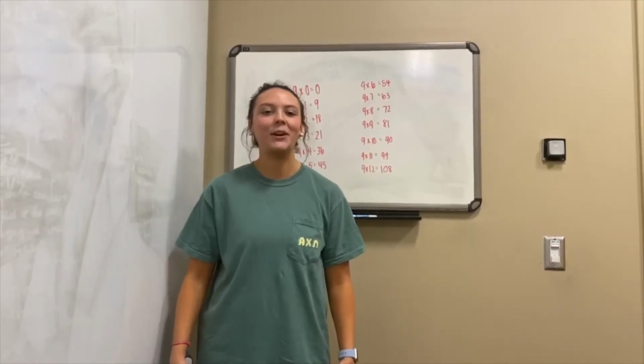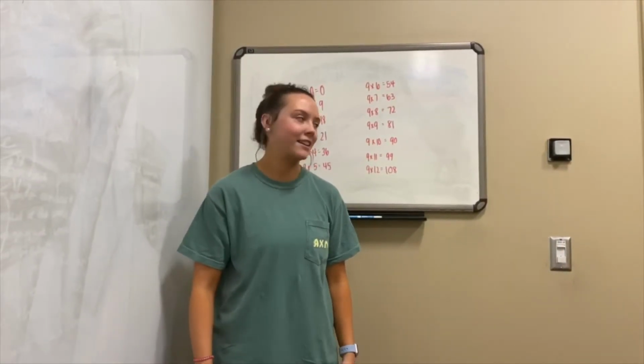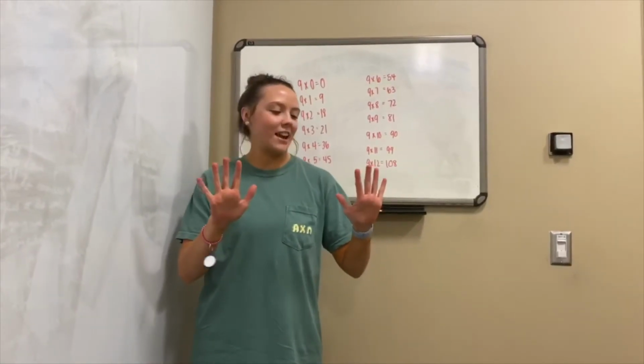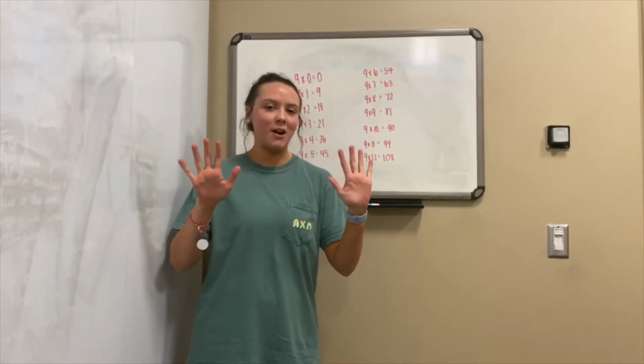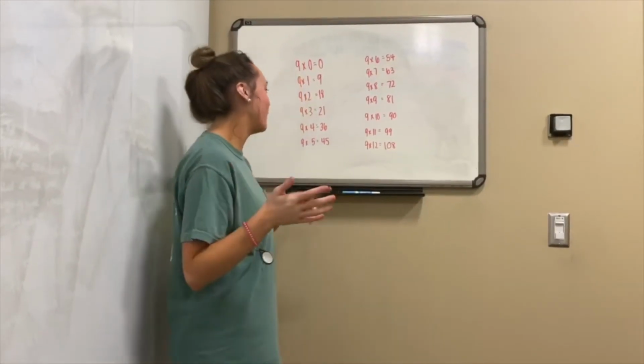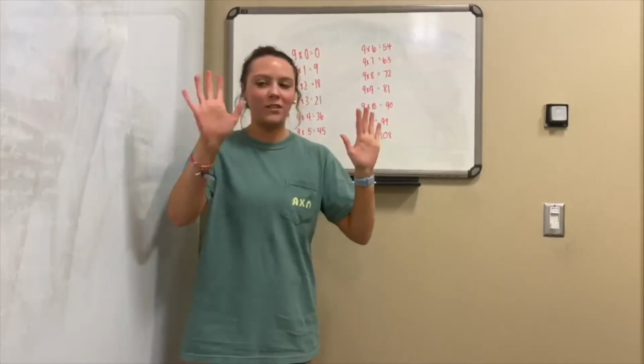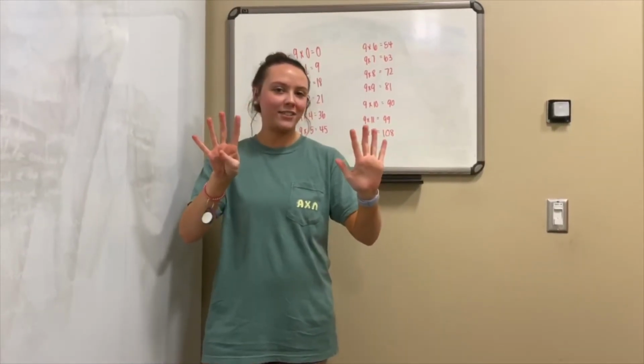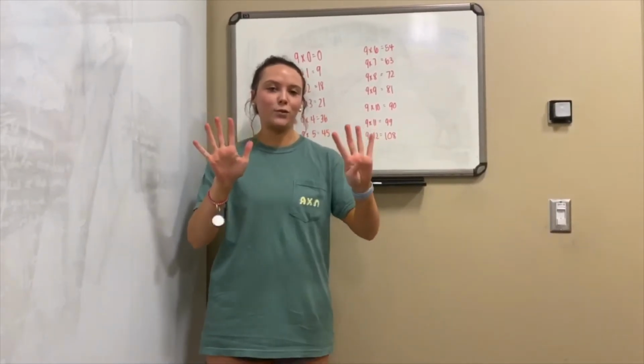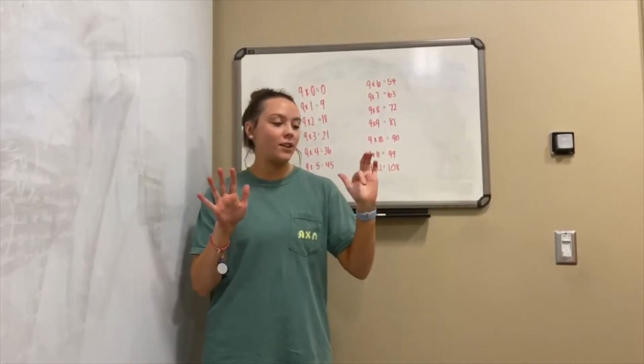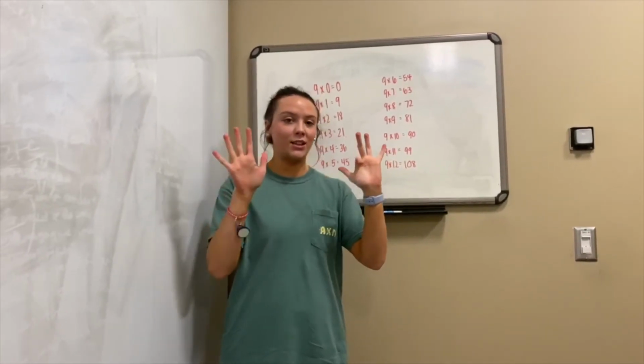Okay, today kids, we're going to learn how to multiply with the 9s. So, you're going to put the finger down on your hand that corresponds to the number you're multiplying by. So, for 9 times 5, you're going to put down your 5th finger and you get 45. For 9 times 6, you put down your 6th finger, that's 54. For 9 times 7, you put down your 7th finger, and that's 63.